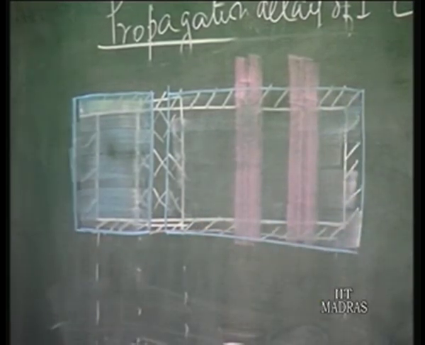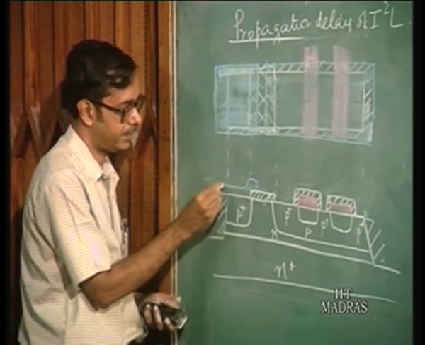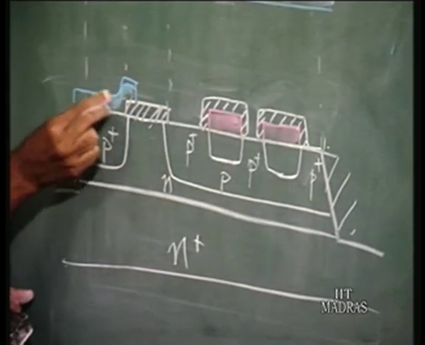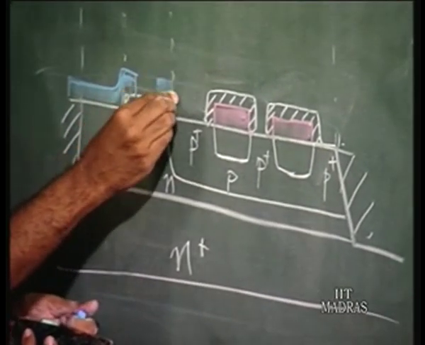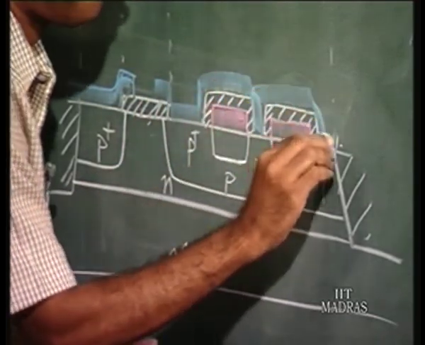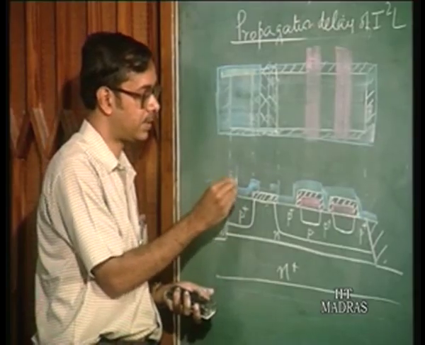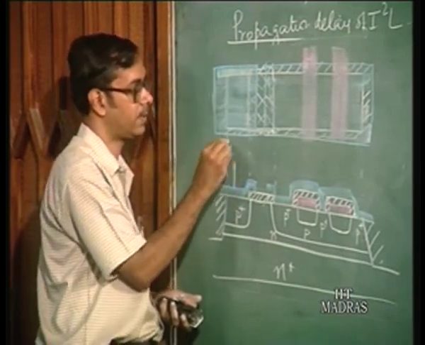So what happens in the cross sectional view? You have metal like this, and then you have metal going from here all the way. So this becomes the injector contact.